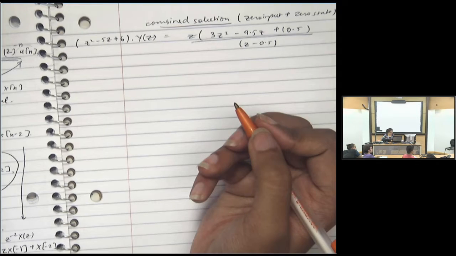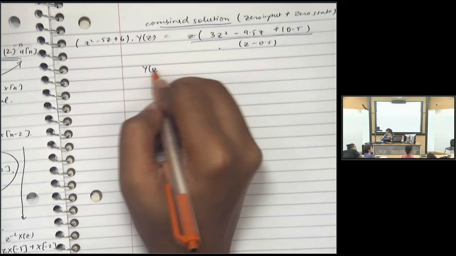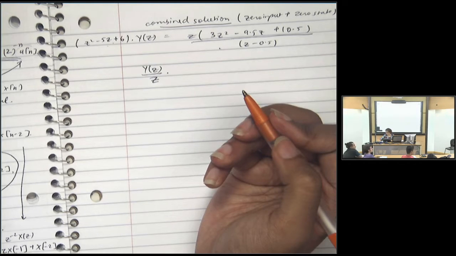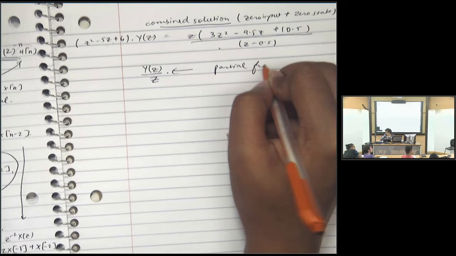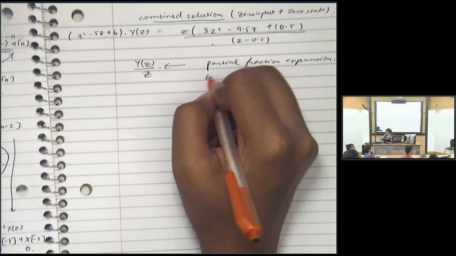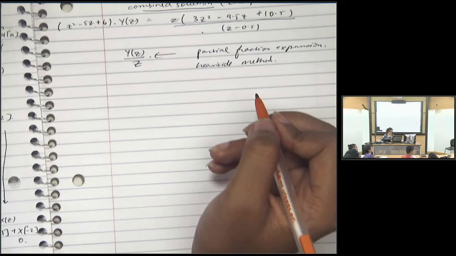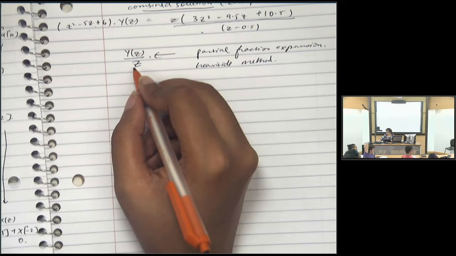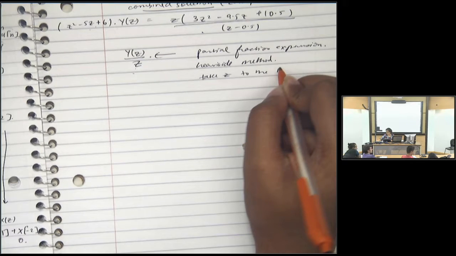Okay, next step, take this to the other side as a denominator and simplify your y of z over z. Follow this. Now simplify this using your partial fraction expansion. Right? Then your Heaviside method to find the constants. Right? And once you have that, you take this z to the other side. Take z to the RHS, the right hand side.